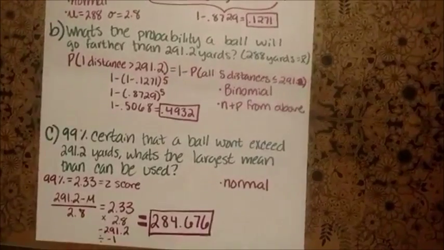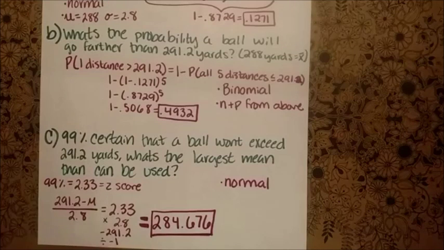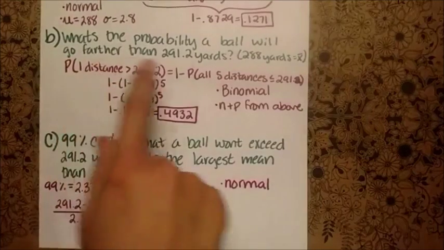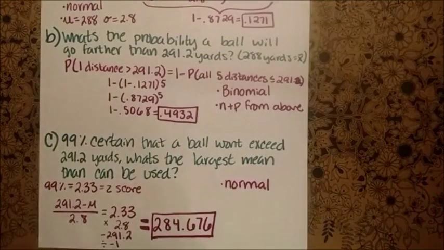Alright, next one. What's the probability a ball will go farther than 291.2 yards? It's literally the same question, but at the same time, it's different. So, this one's going to be binomial. This is the one distance, and this is going to be all 5 distances, because the problem asks that it's going to test 5 balls, so it needs to be the probability of those 5.